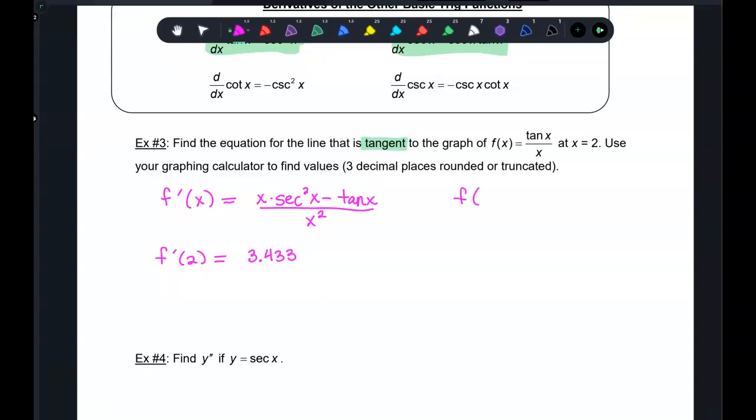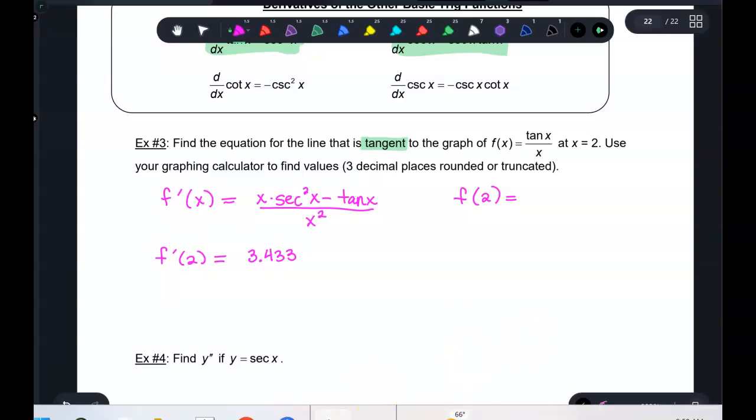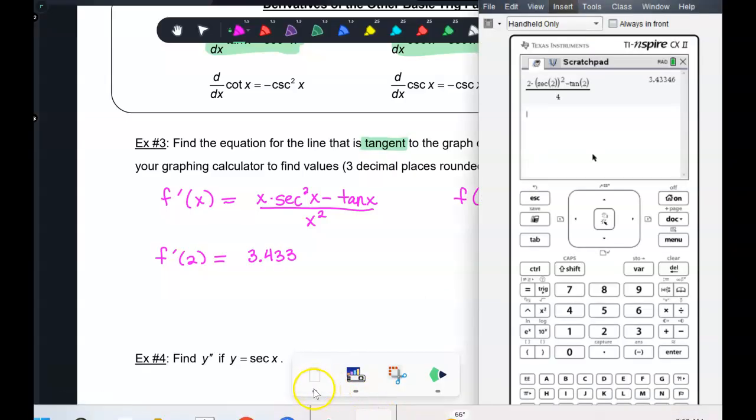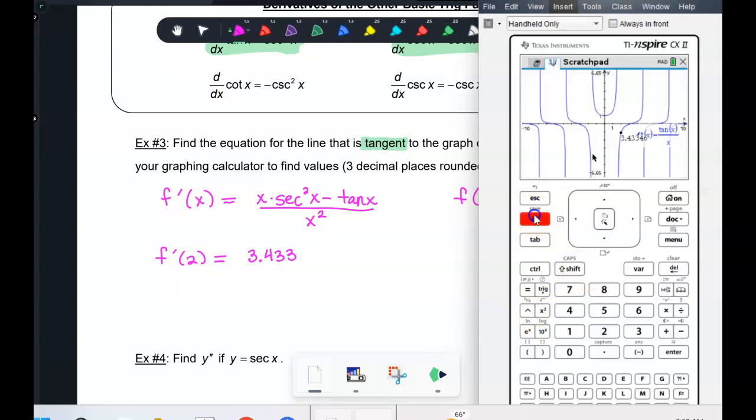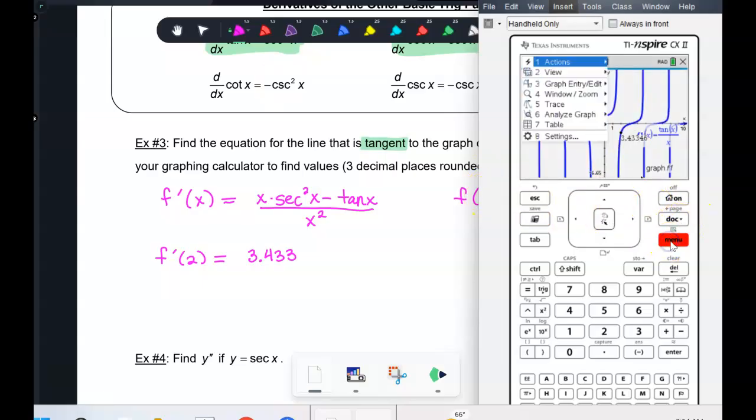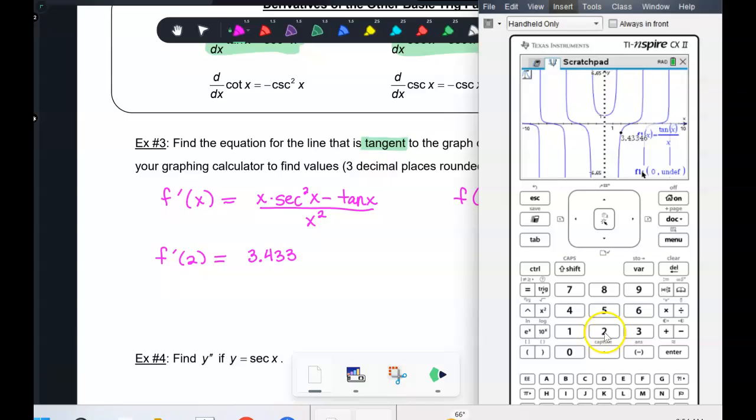Okay, now what else do we need? We need f of 2. The nice thing is, this is not a really complicated function, but if I already have it here, do you know how we find a value? Trace, and we can just type in 2.